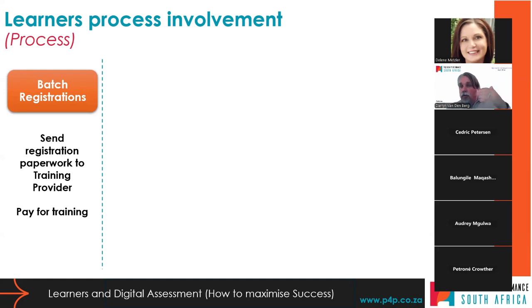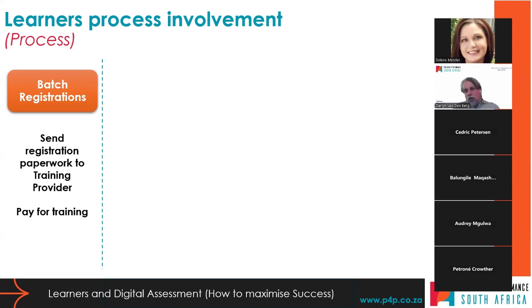So you start off with your batch registrations. The learner's role in this is to send the training provider, or the professional body, or the business, whoever they want to gain the reward, award or recognition from, their registration, and they pay for training. So I'm registering, I filled out your registration form, I'm paying for training.